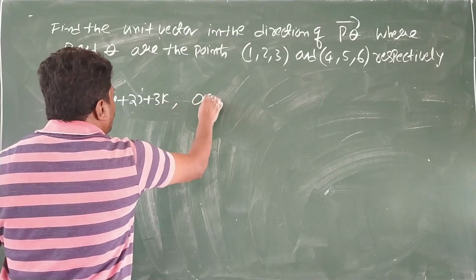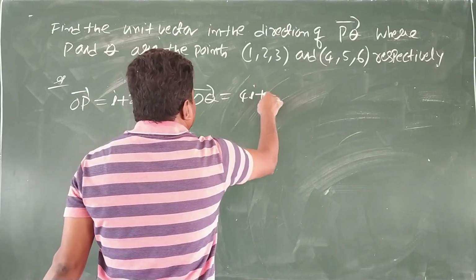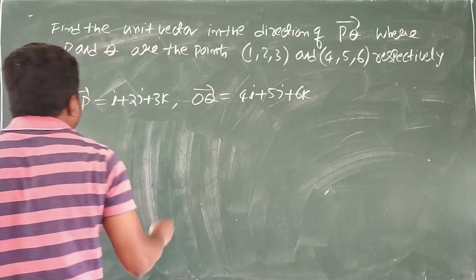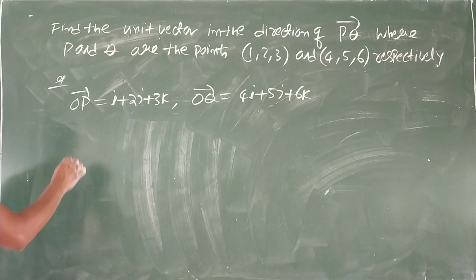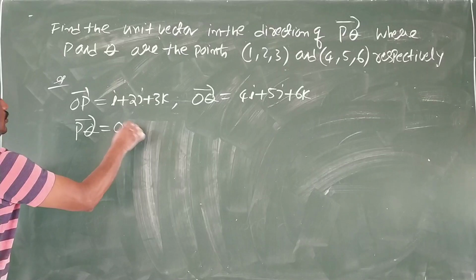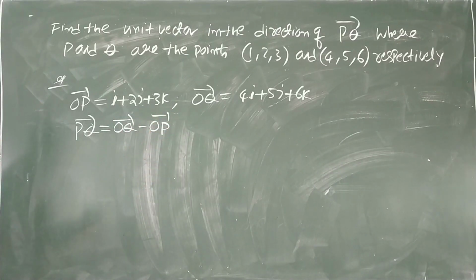Vector OQ is 4i plus 5j plus 6k. Vector PQ required. What is PQ? OQ minus OP. Reversal, you know this very well.